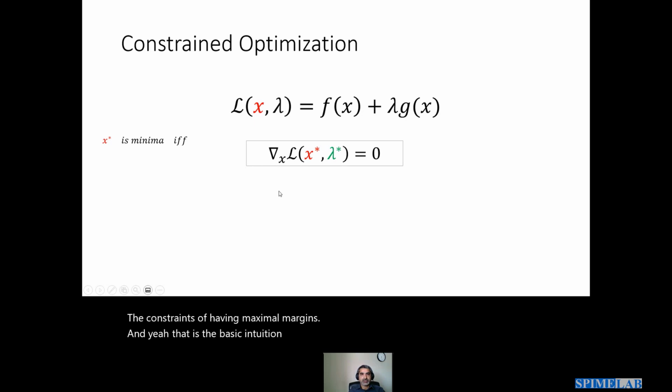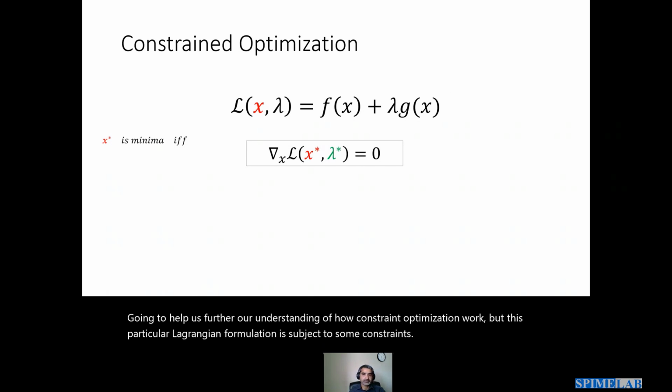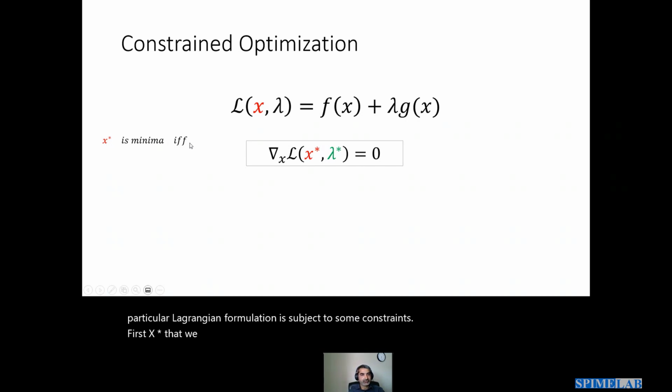And how we shall do this is we will solve a few examples that are going to help us further our understanding of how constrained optimization works. But this particular Lagrangian formulation is subject to some conditions. First, the x star that we are looking for is going to be minima if and only if the derivative of the Lagrangian with respect to x and lambda is 0.